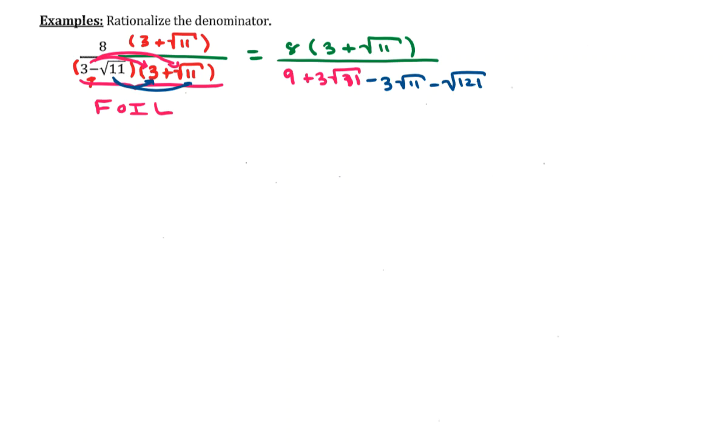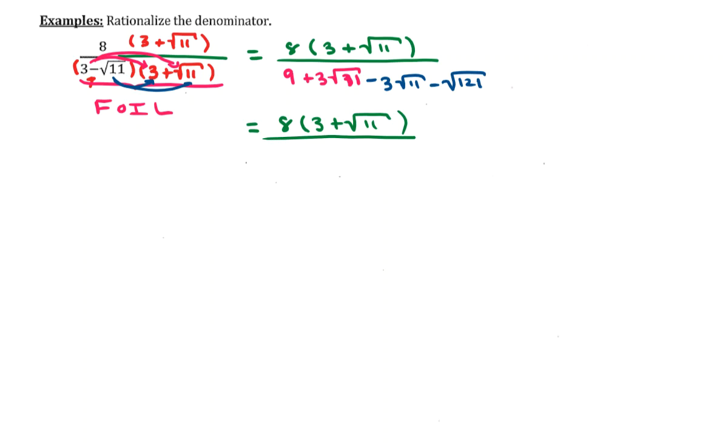So it would look as though by multiplying the top and bottom by the conjugate, we actually get more radicals in the denominator. But that's not what it's going to end up looking like in the long run, because there's some simplification that happens in the denominator. All right, first let me write out the numerator, still as 8 in front of 3 plus radical 11.